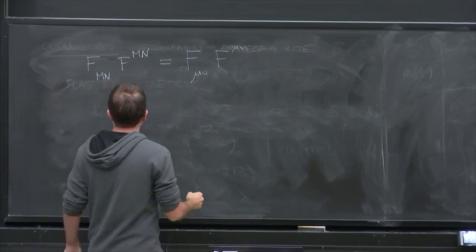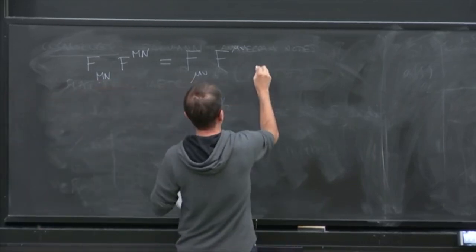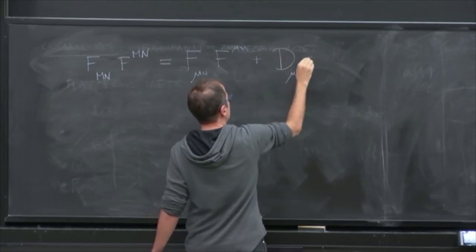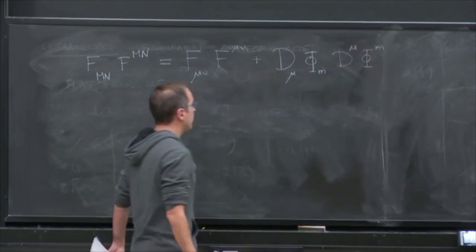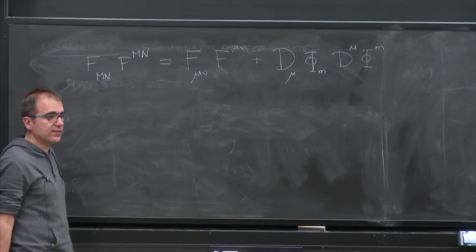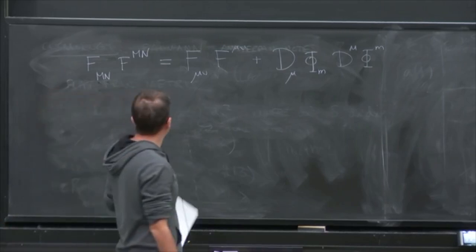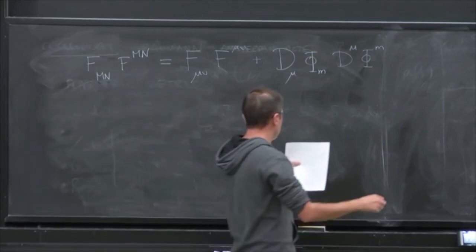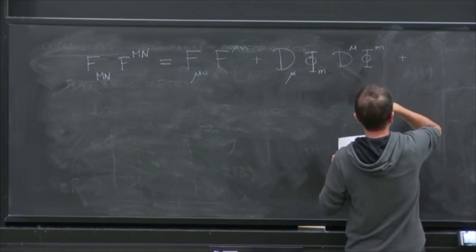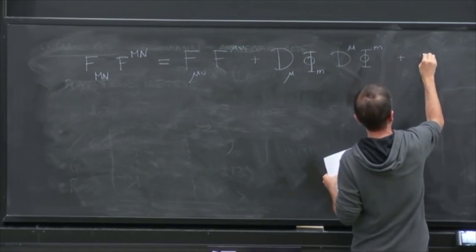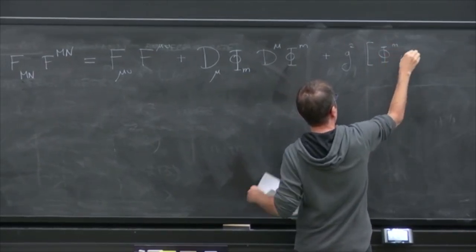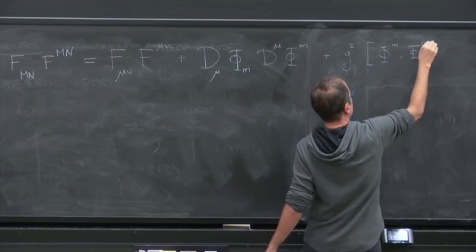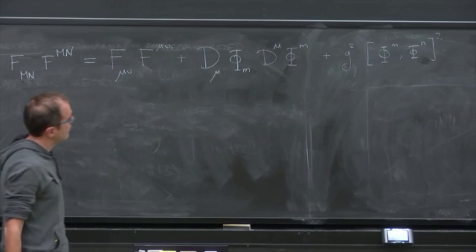If one is mu and one is m, we will get plus D mu phi m, D mu phi m. If one index is in the first 4 directions and the other is in the last 6, we would get just this covariant derivative of the scalar. And if both indices are in the directions m and n, we would get plus g squared times the commutator of phi m, phi n, squared, from the interaction term.